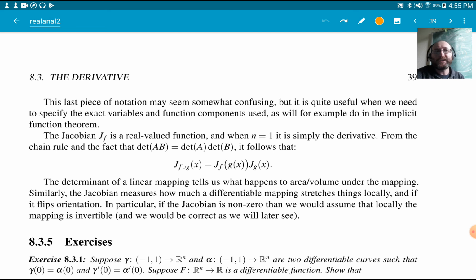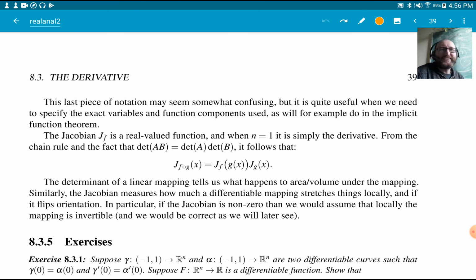If you have a linear mapping from R2 to R2, and the determinant is 2, then it doubles all areas. If the determinant is a third, then it takes some shape and maps it into a shape that's 1/3 of the area, right?